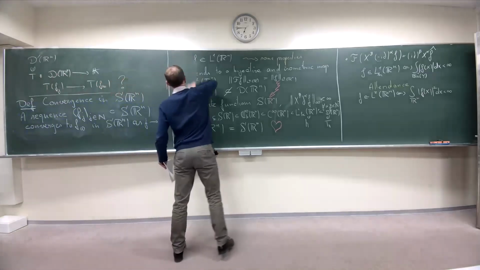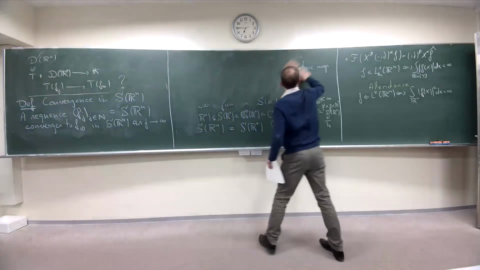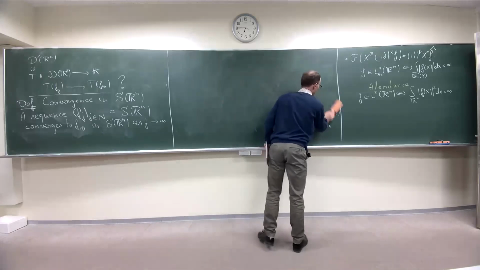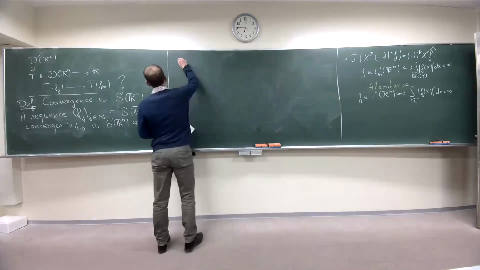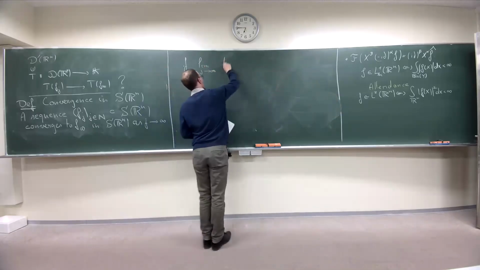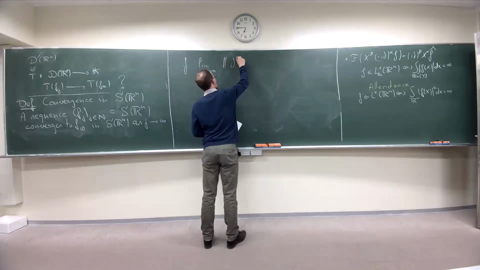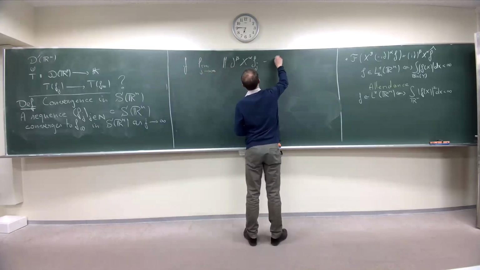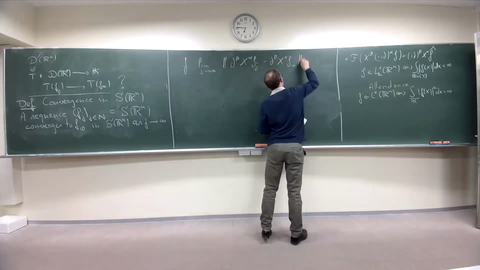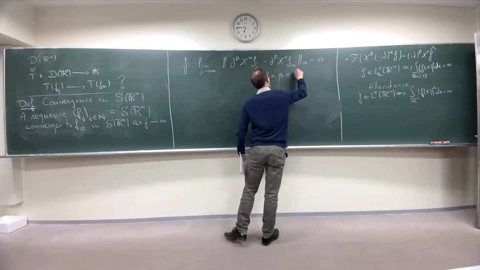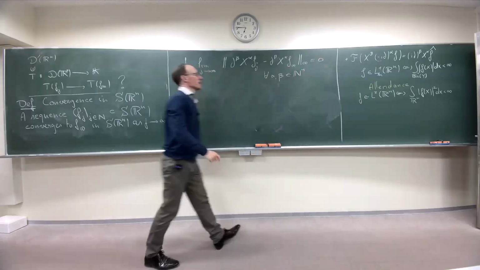And now I need to say the meaning. If the limit when j goes to infinity of, let me write it and then I explain, x^beta. So what does it mean?